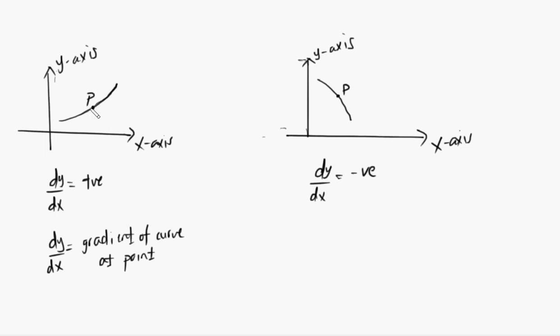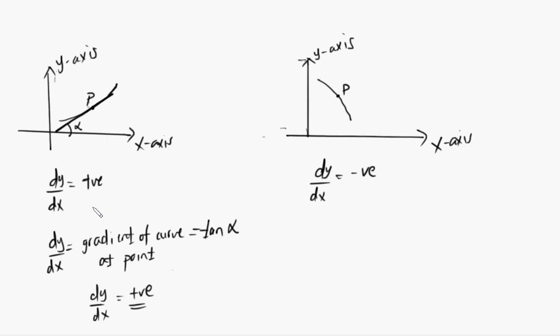If I draw a tangent at the point P, this tangent will form an acute angle with the x-axis. So the gradient of curve at point P will just be the tangent of this acute angle. So the tangent of an acute angle is what? Is positive.